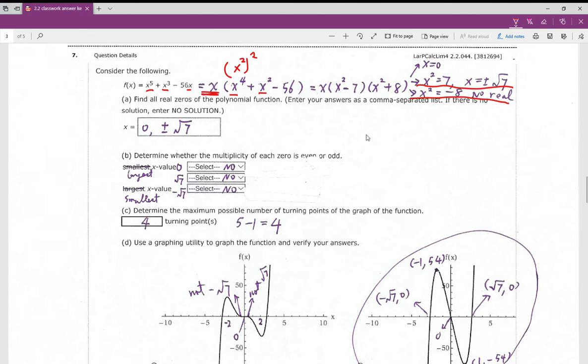When x squared equals -8, it means there's no real solution. So we say we have at most 5 zeros, but actually we only find 3 zeros. Why do we only find 3? Because we lose 2 zeros, because those are imaginary numbers.